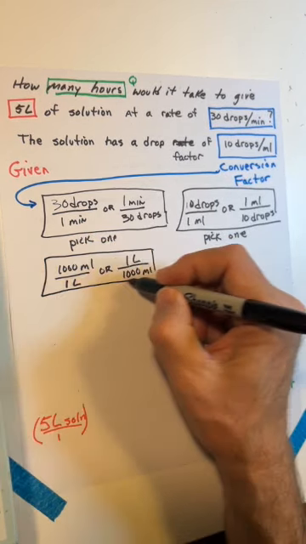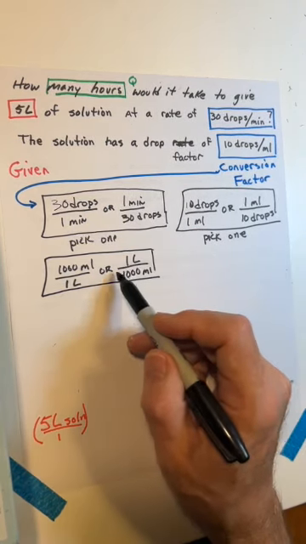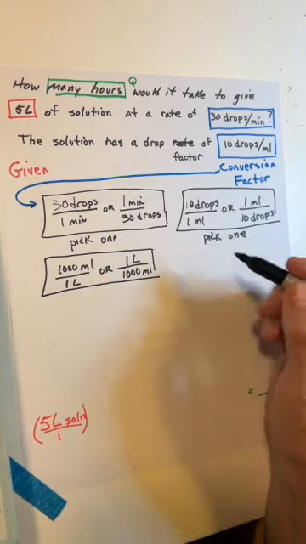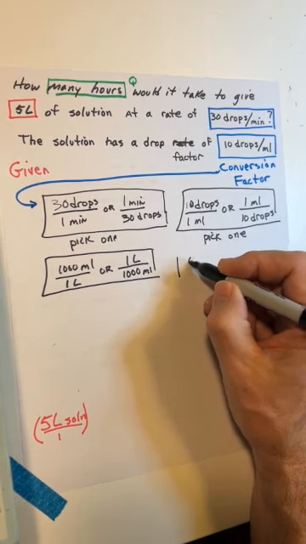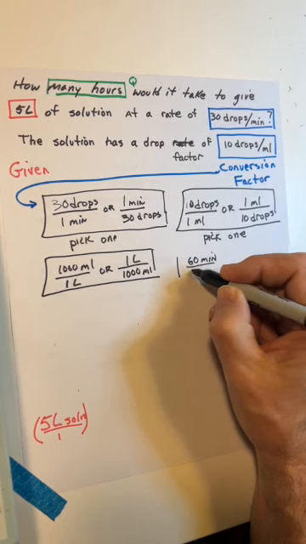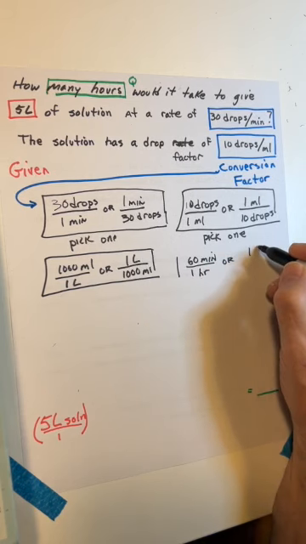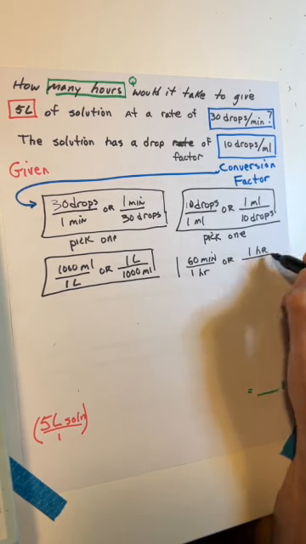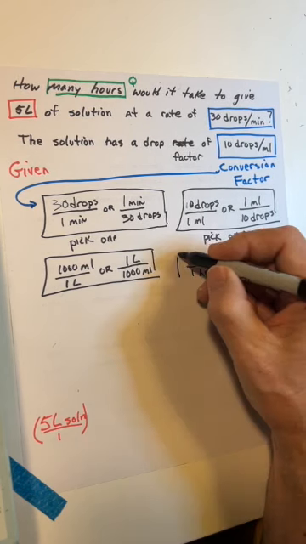Now, in class, I said they give you every single thing, but they're not giving you that. And there's one more they don't give you, unfortunately. There are 60 minutes in 1 hour, or there is 1 hour per 60 minutes, and you pick one of these.